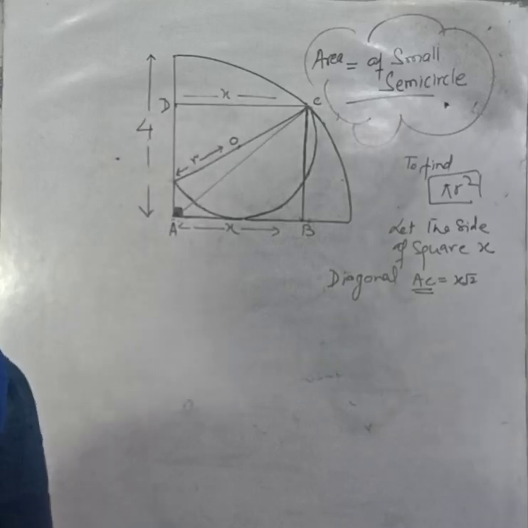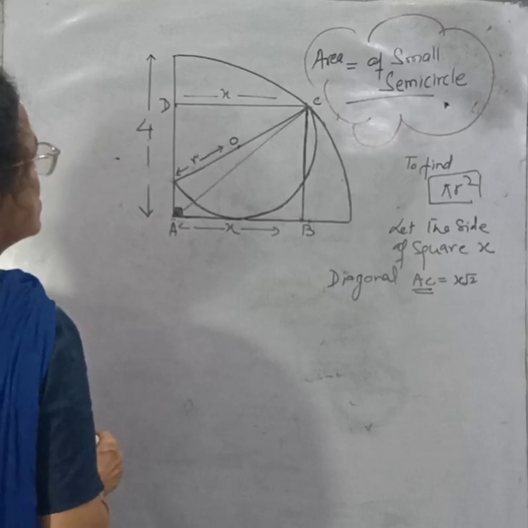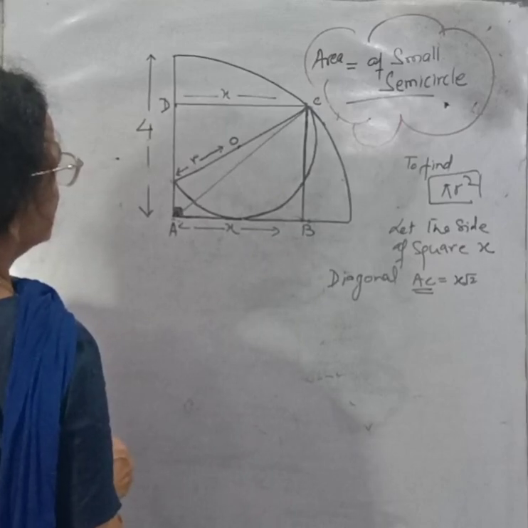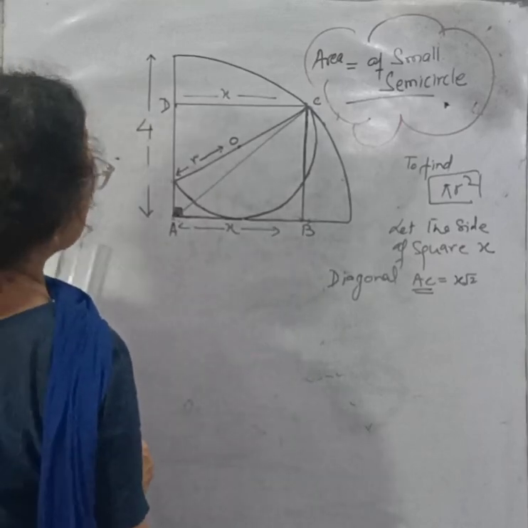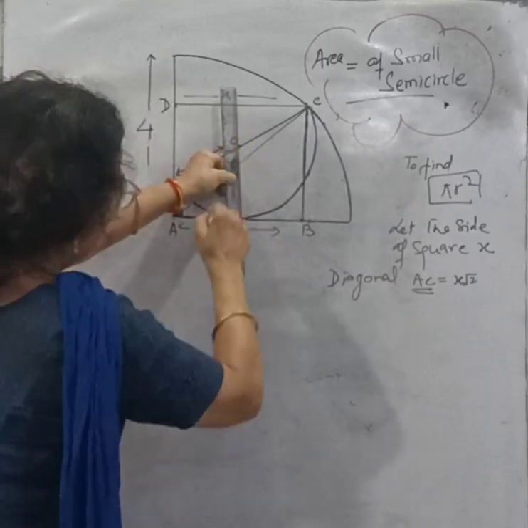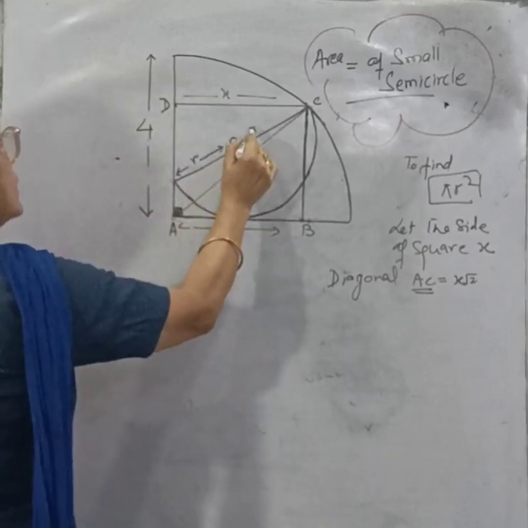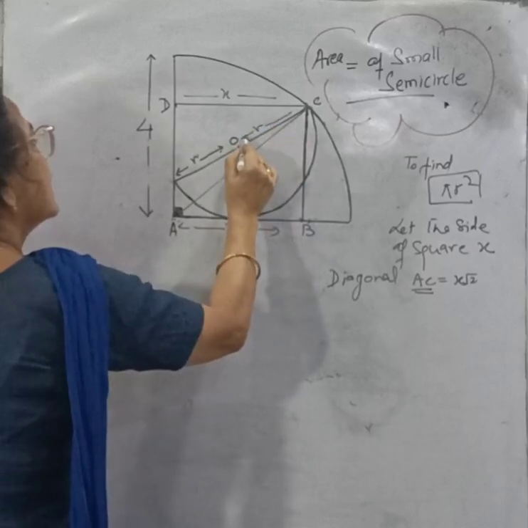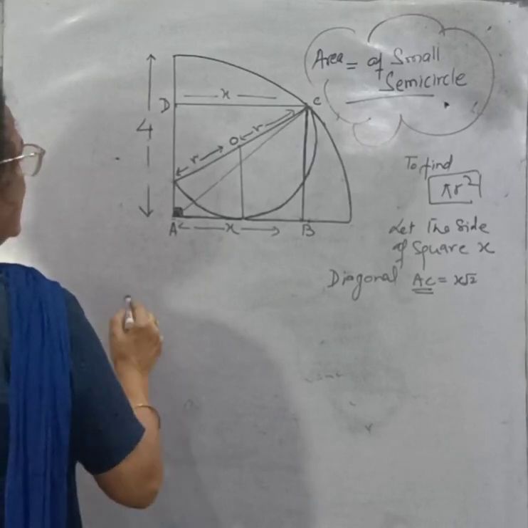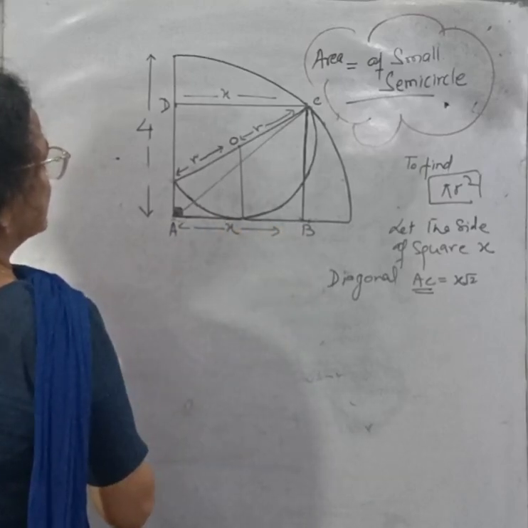Now, let us drop the perpendicular from O on AB this way. This is R, because it is the radius of the semicircle, and this portion is x.